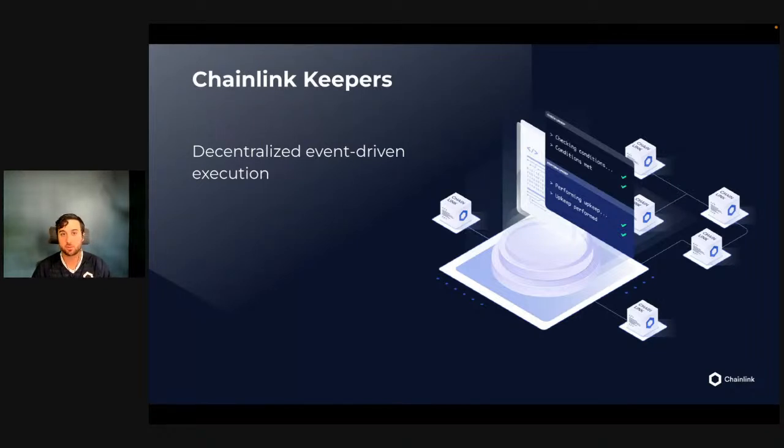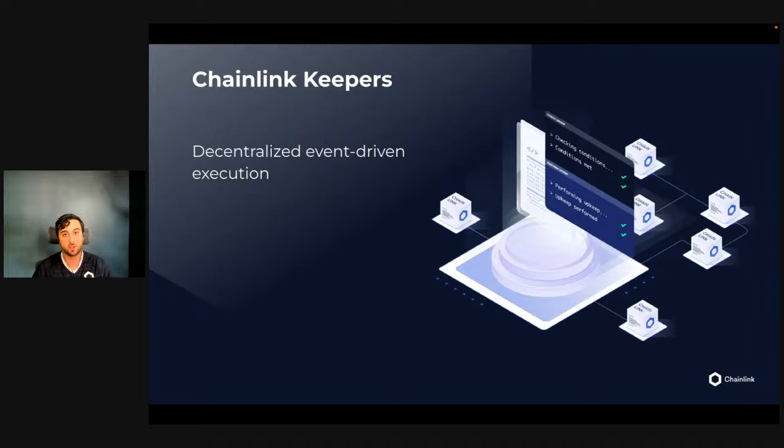So in Solange's demo, you saw her writing Solidity code, deploying that code in a smart contract to the blockchain, and running functions, right? But every time she wanted to run a function in that smart contract, she had to run it herself from her own wallet.